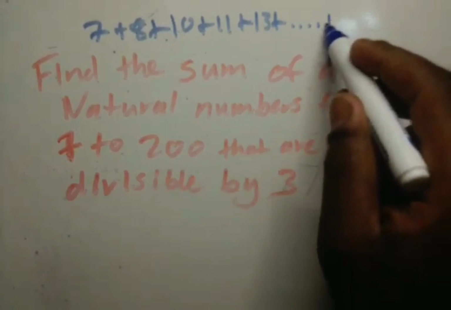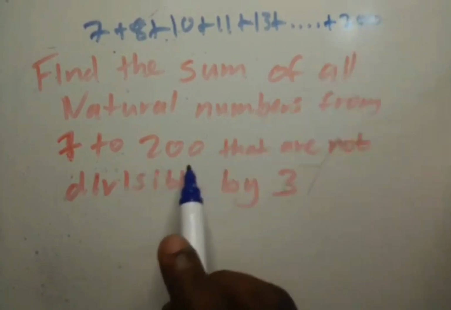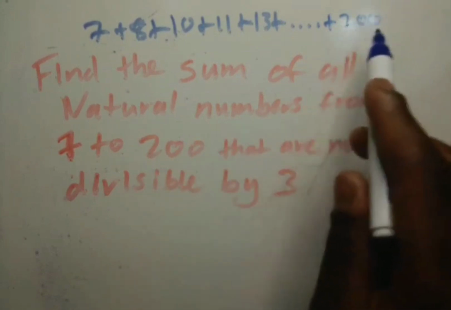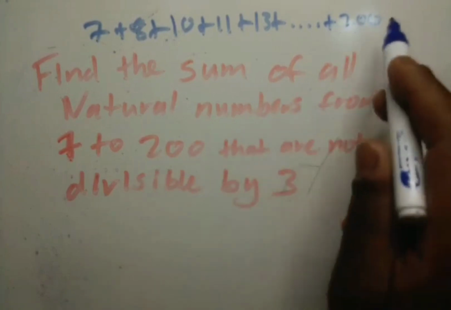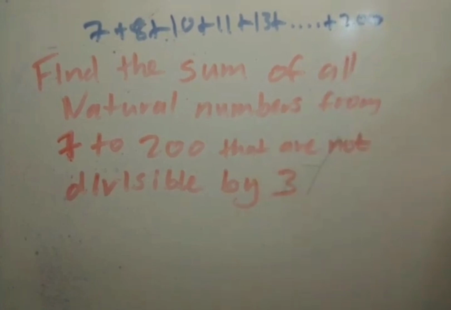So we're going to say plus 200. Is 200 divisible by 3? No, it's not. If it was, then I would exclude it and put on the last number that was divisible by 3. But you rarely get the case where the last number is removed. The last number is usually not divisible. So from here, we do what we did in the previous example.